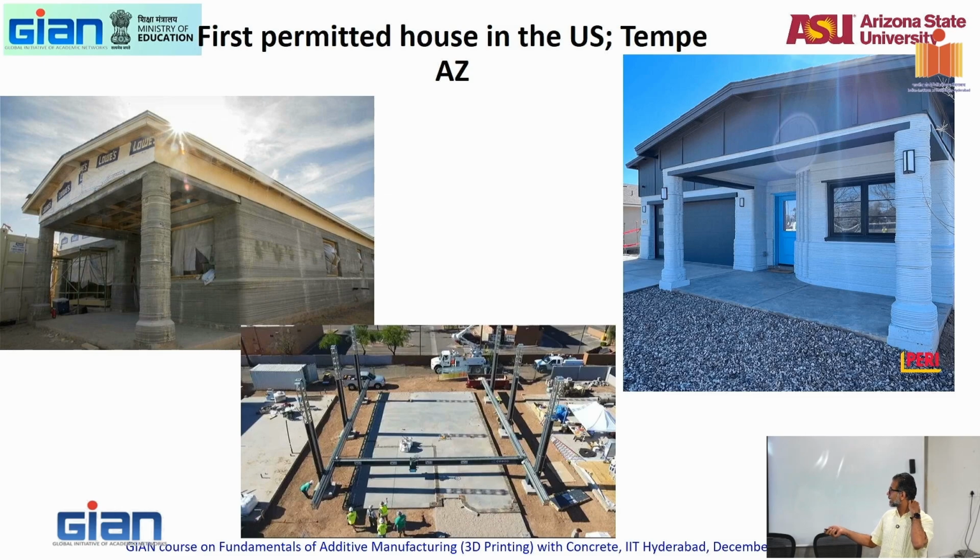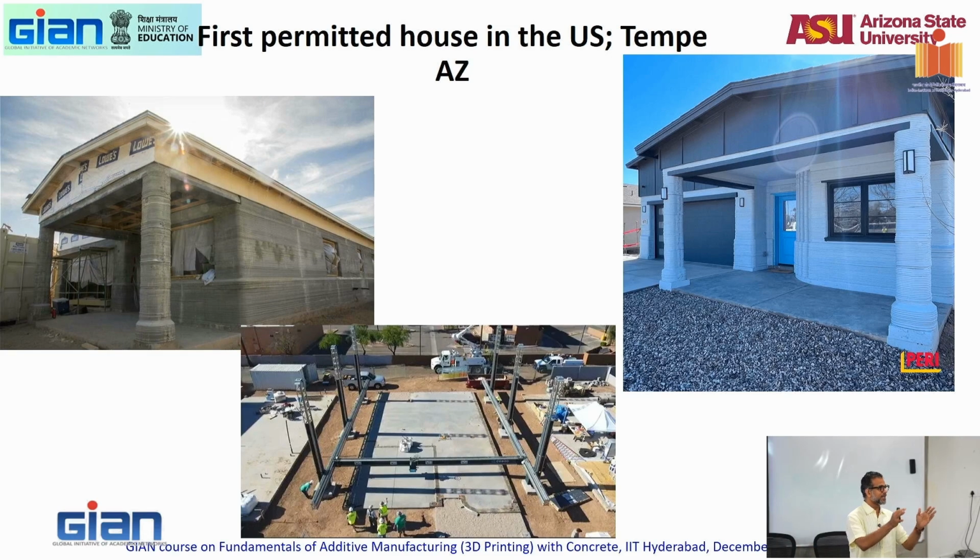This was built using a Cobod printer. It's an 1,800 square feet house built by Habitat for Humanity for a family that registered with Habitat for Humanity about 5 or 6 years ago. Among the 200 families, homeless people registered with Habitat for Humanity, when they said we are building a concrete house, nobody wanted to live in that concrete house.